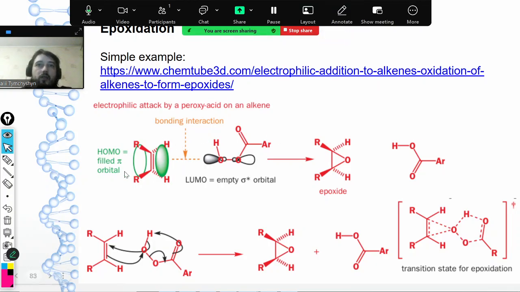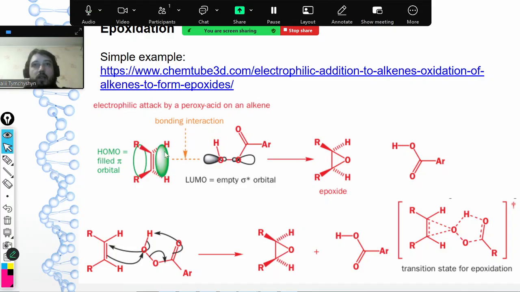So here we have the pi bond. This is a filled orbital, so it contains some electrons, and here we have electrophilic attack by a peroxy acid on the alkene. So these two oxygens are connected with a sigma bond. So here is an anti-bonding orbital. It's empty in this case. So the sigma star orbital, it attacks here.